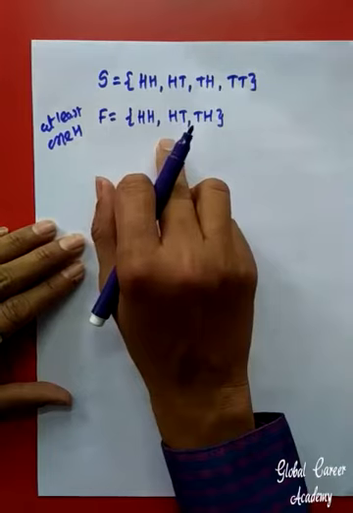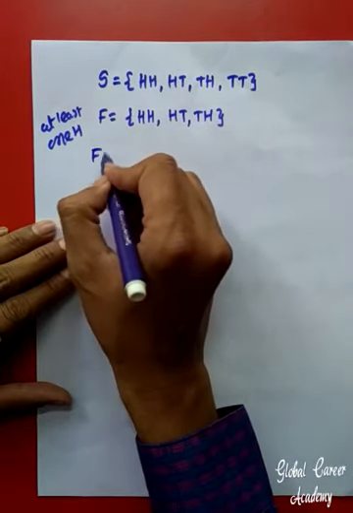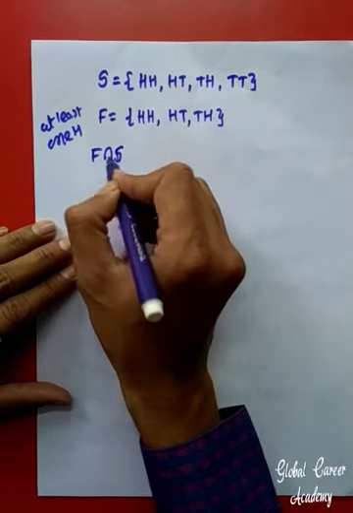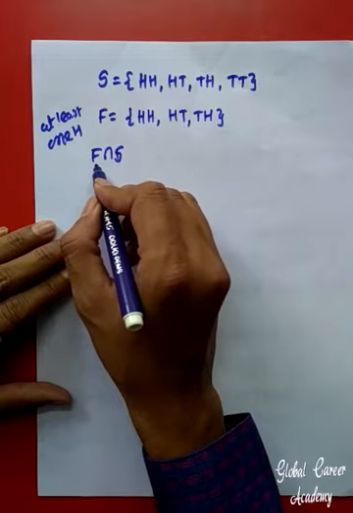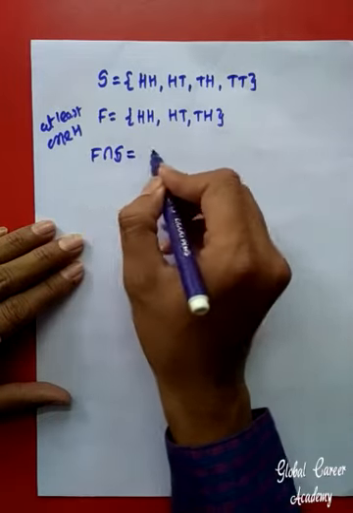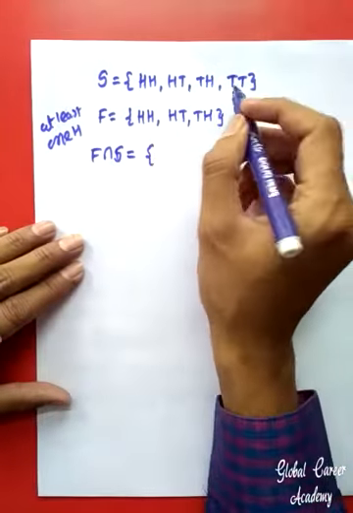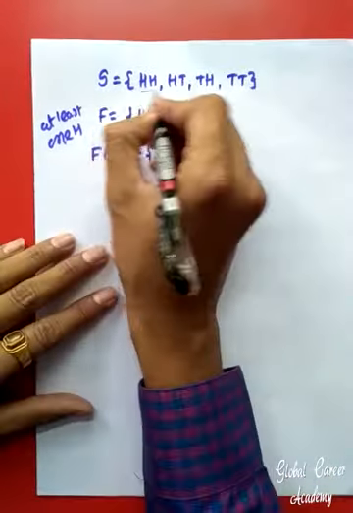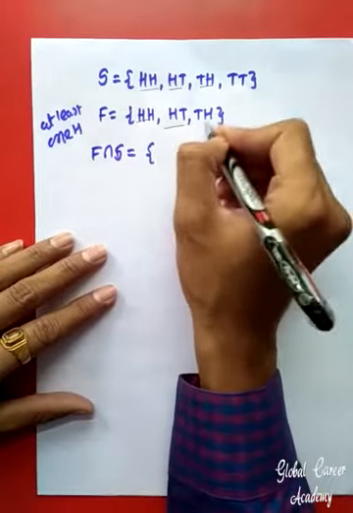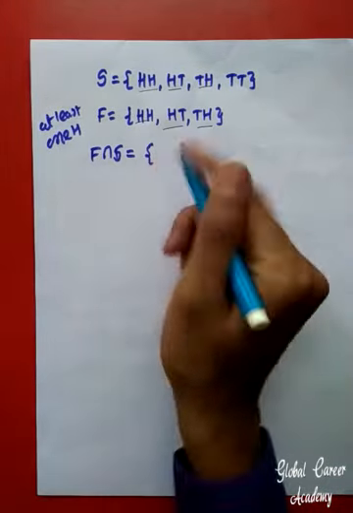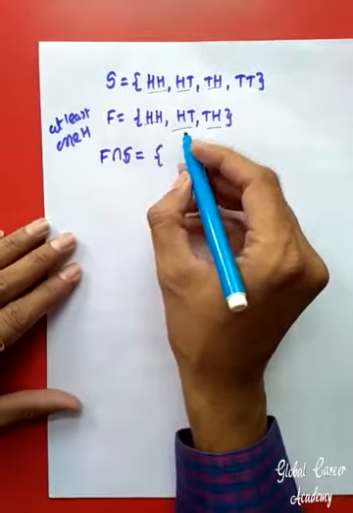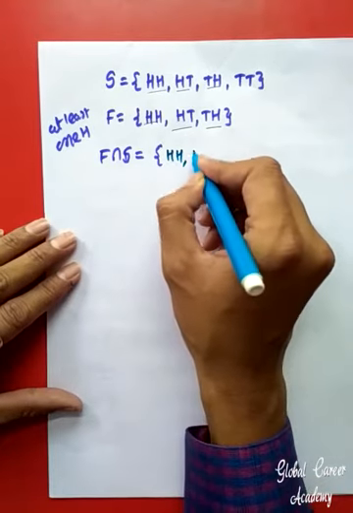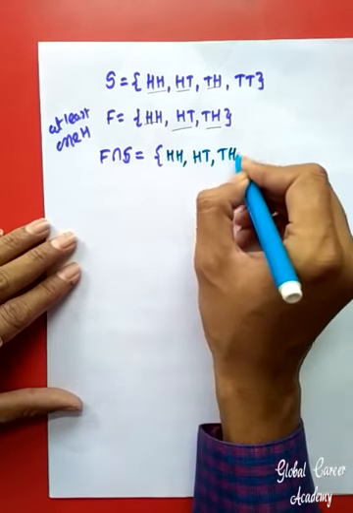Now if I ask you to find the intersection of F and S, then your answer will be what is common between these two. As you can see over here, HH is common, HT is common, and TH is common, and that is how I can write it: HH, HT and TH.